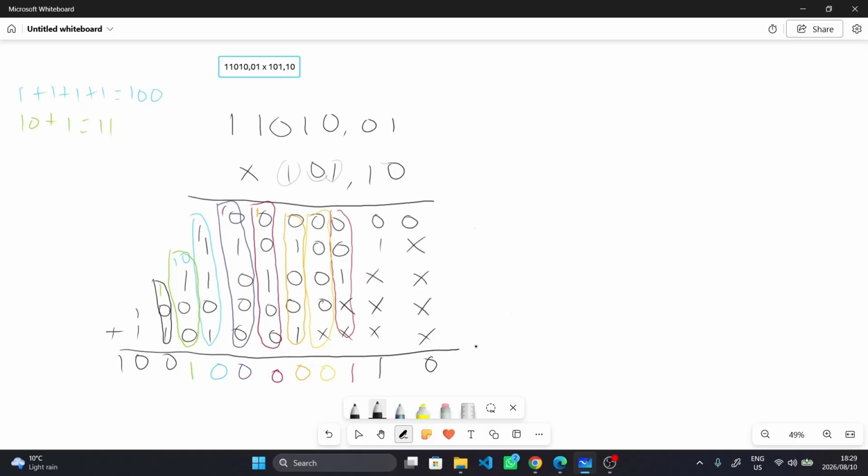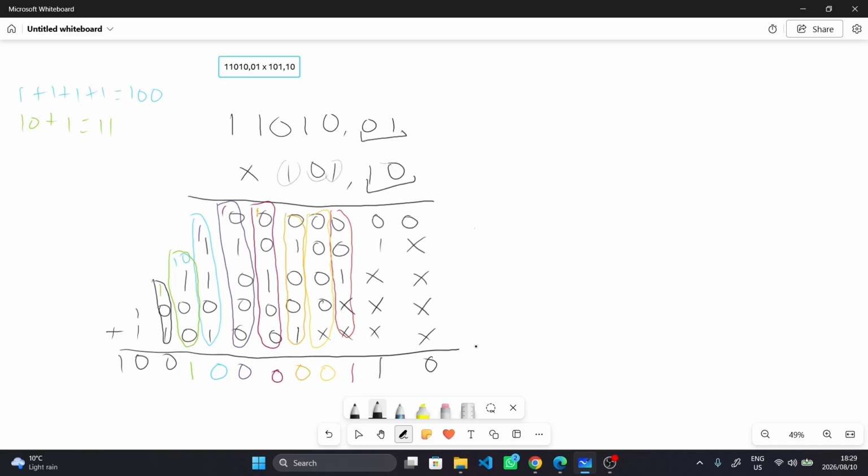Now the question comes, where do we put the comma here, right? So the easiest way I do it to put the comma is I count the values after the comma for both of them.